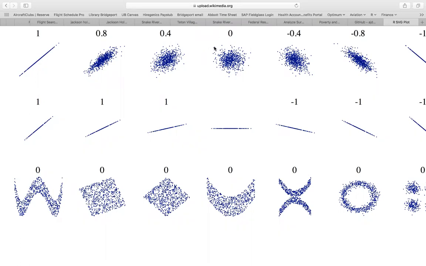That's the first thing. That's not here. Then we're going to look at the sign of it. Is it positive or negative? And lastly, we're going to look at the absolute value, meaning taking out the sign. How big is the value between 0 and 1?